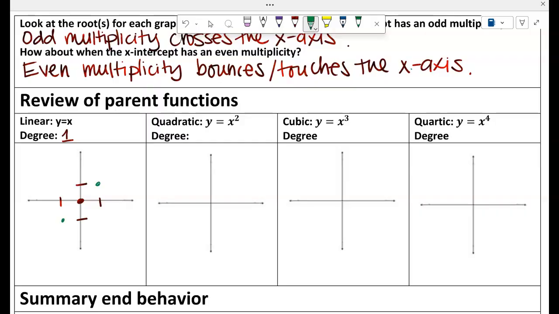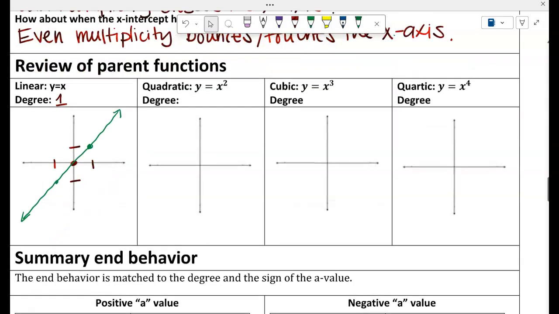The slope is going to be 1 over 1, and then you could do down 1, left 1 will also give you guys a slope of 1. So degree of 1, and as you can see, because it's the degree of 1, it crosses the x-axis.